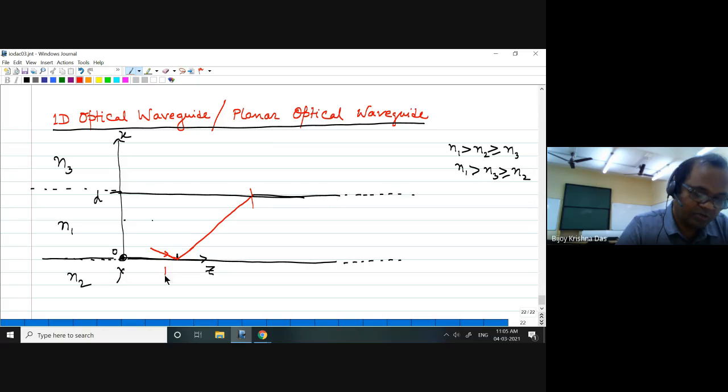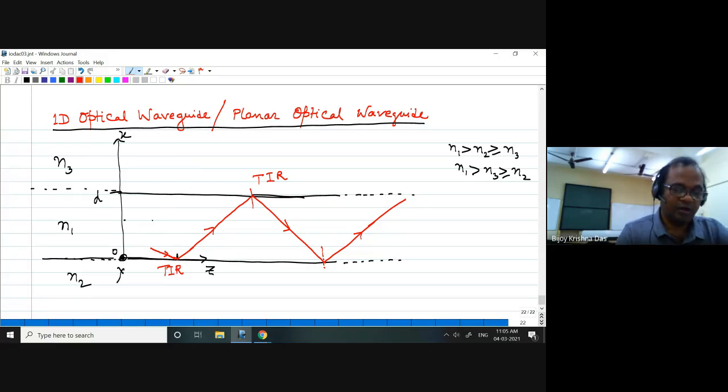So this is the first TIR, and then another TIR takes place, and then it comes like this, and then again total internal reflection. I can show the ray like this.